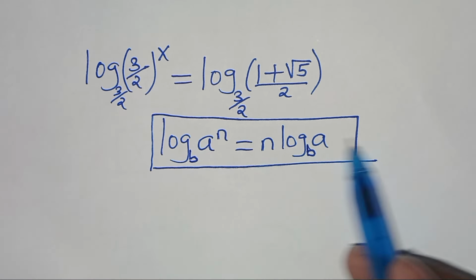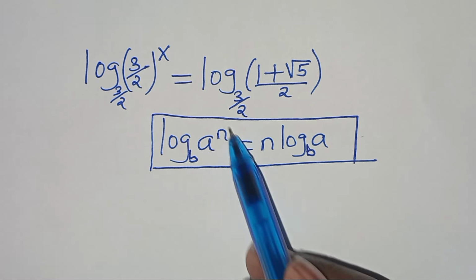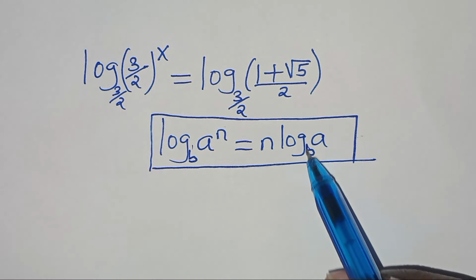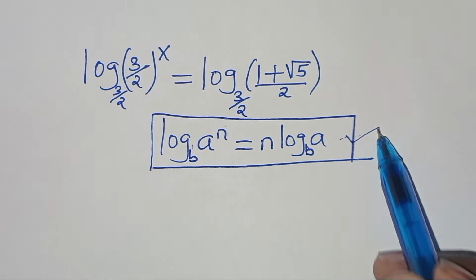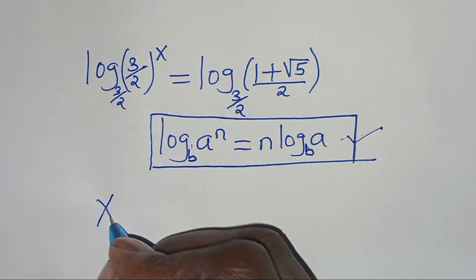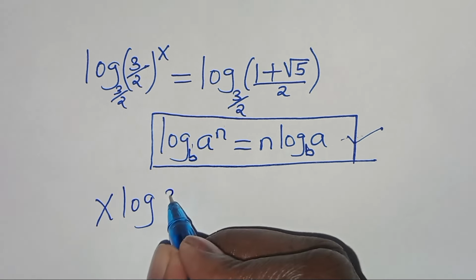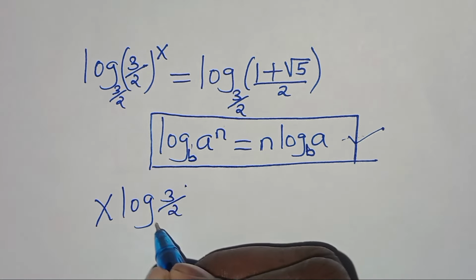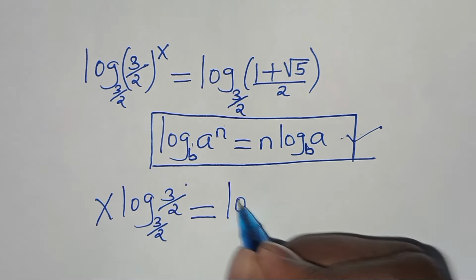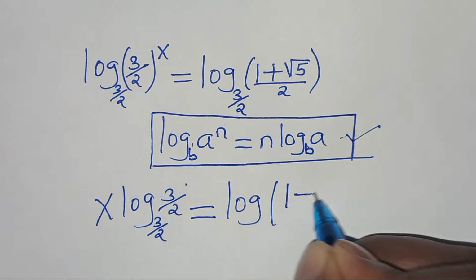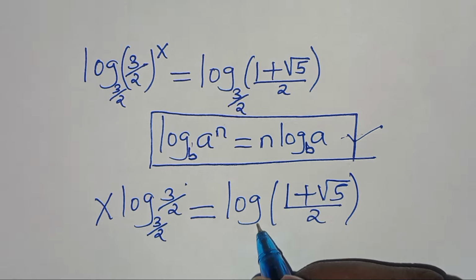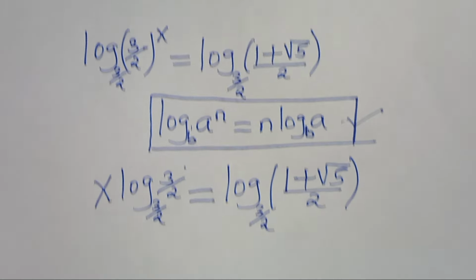Now applying the power rule property, that's log a to the power of n under base b, this is equal to n log a to base b. Let's apply this property. So in this case from here, we have x times log 3 over 2 under base 3 over 2, this is equal to log of 1 plus square root of 5 over 2 under base 3 over 2.